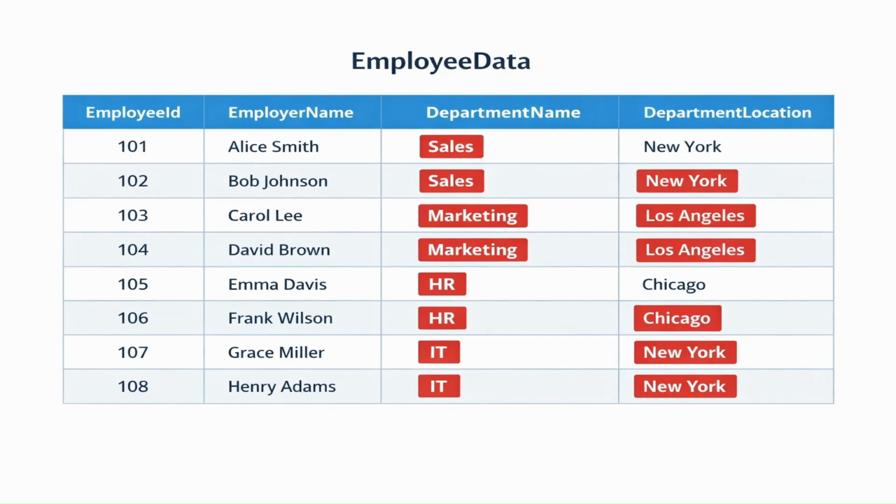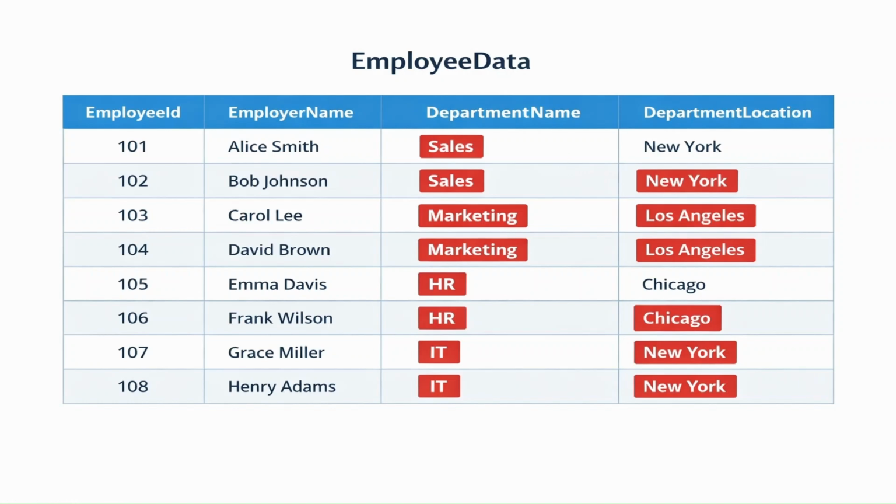So if you can see this table over here, we have four columns: employee ID, employee name, department name, and department location, right? Four columns. But if you focus on these two columns, department name and location, you should see multiple duplicate entries of the data.